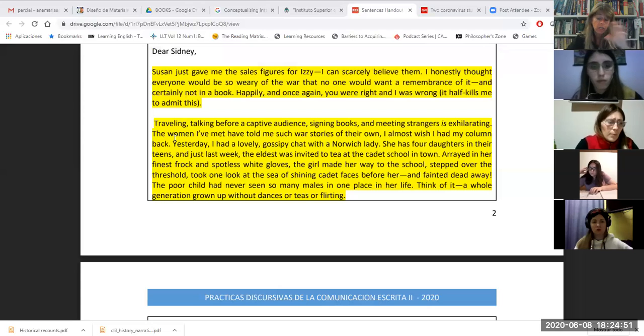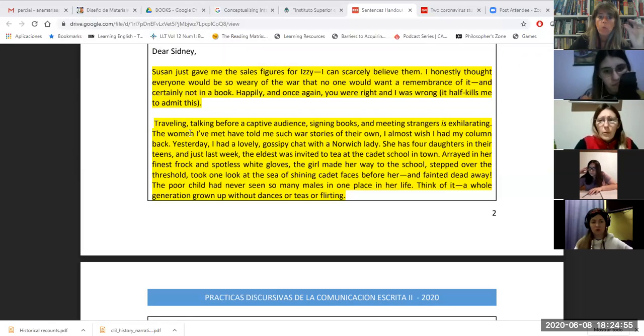So what kind of structure is that? The women I've met told me such war stories of their own. A relative clause. Okay, very good. That's a relative clause. So this is a complex structure. Whenever there is a relative clause, there is a complex structure.